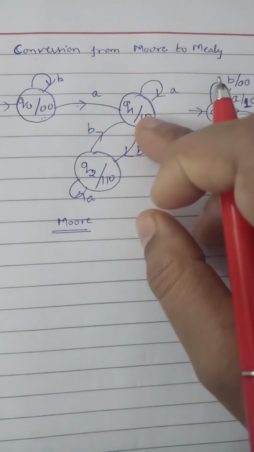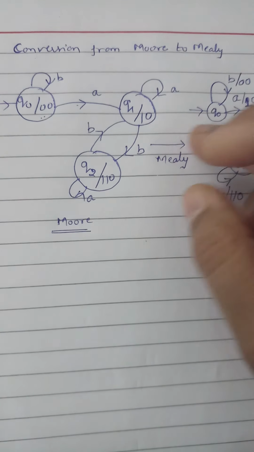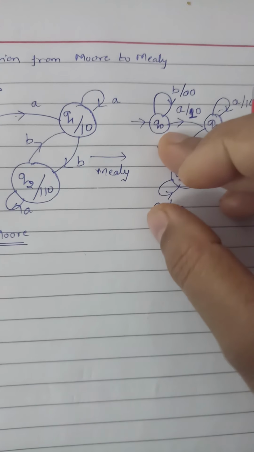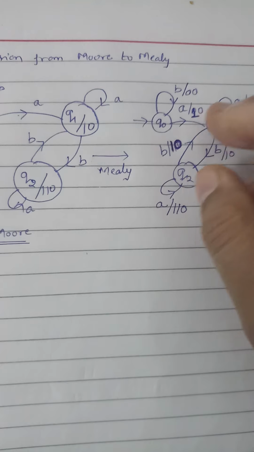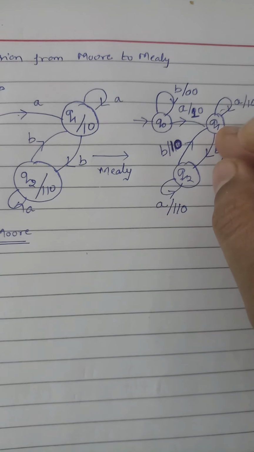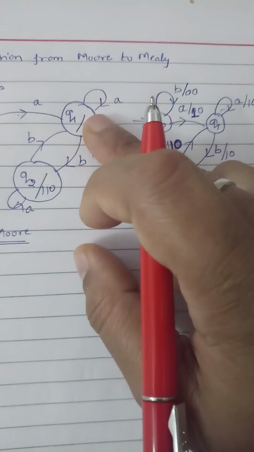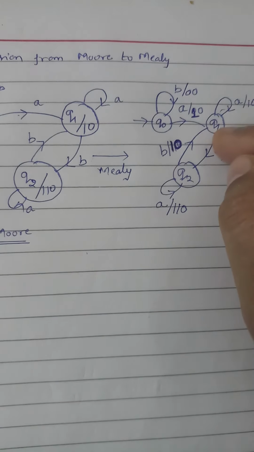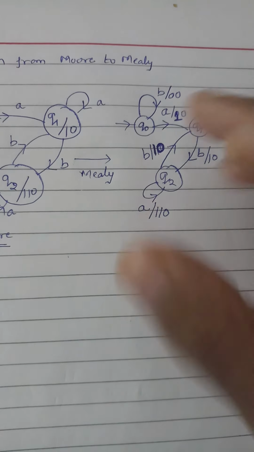Because we can clearly see that on Q1 the output is 10. And in a similar way, because there is a loop of A on Q1 state in the Moore machine, we make a loop of A on Q1 in the Mealy machine also with 10 output, because at Q1 the output is 10.